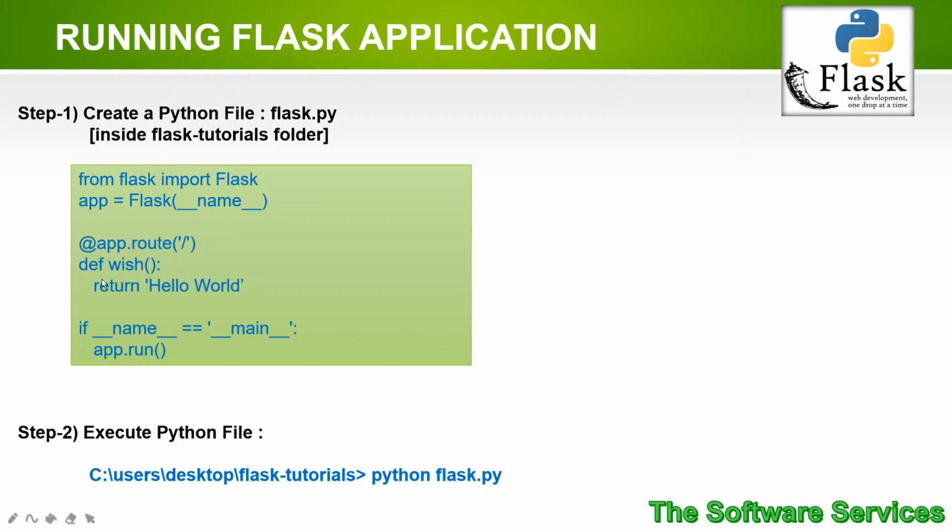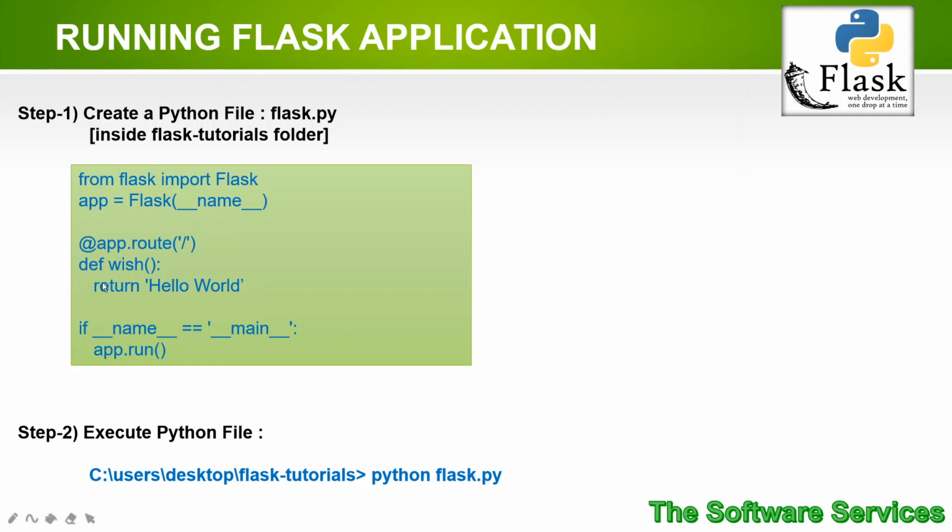Okay, so after that we will define the function. What this block of code is doing is, Flask is binding this function, def wish return hello world, to this URL pattern.